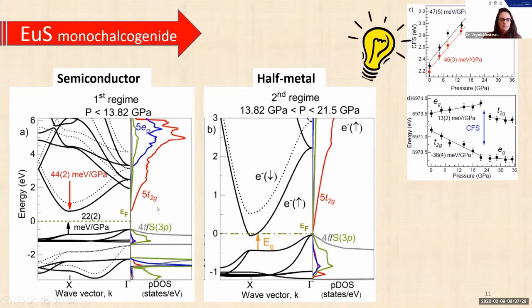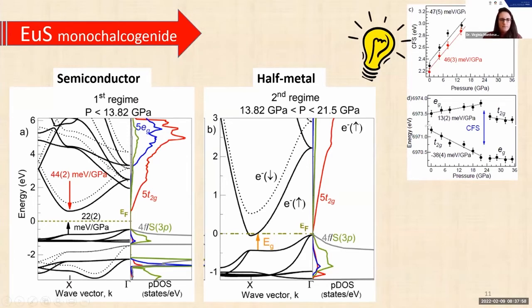by t2g. And the continuous black line, here you see better, is occupied by spin-up electrons, and the dashed line is occupied by spin-down electrons. So the bottom of the conduction band decreases at a rate of 44 millielectron-volts per gigapascal.